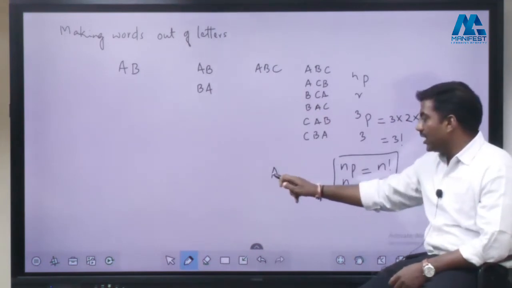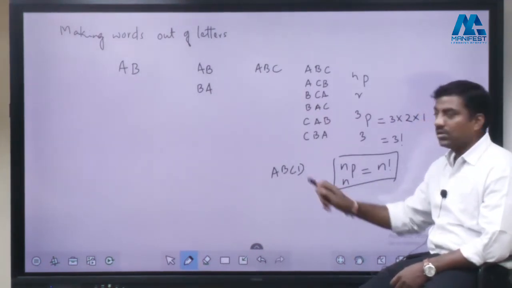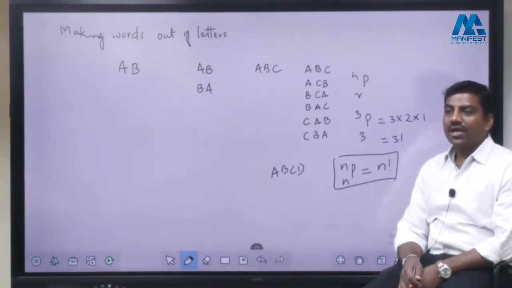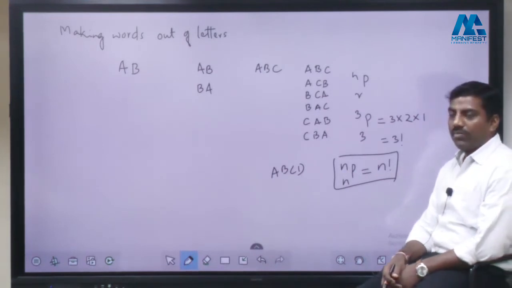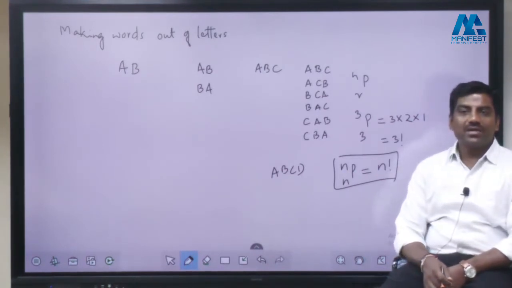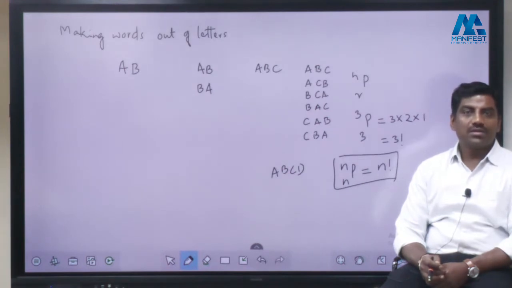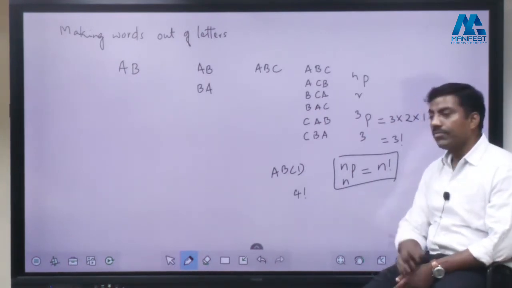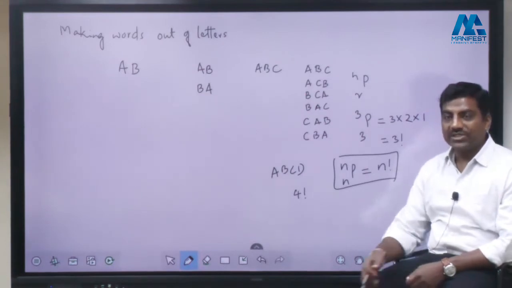Now tell me, if you are taking A, B, C, D, all 4 of them, how many words can be made, with or without meaning? 4 factorial, no? Yes?